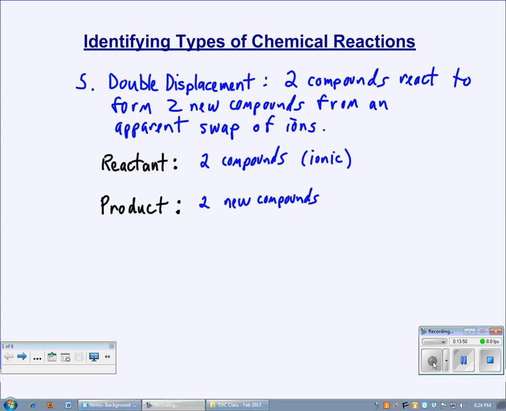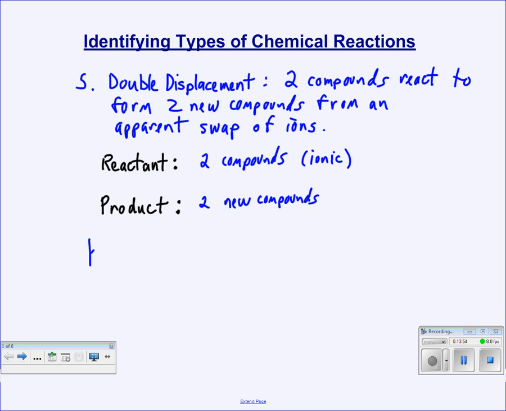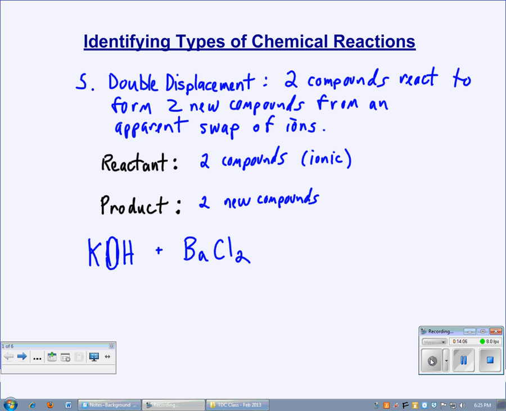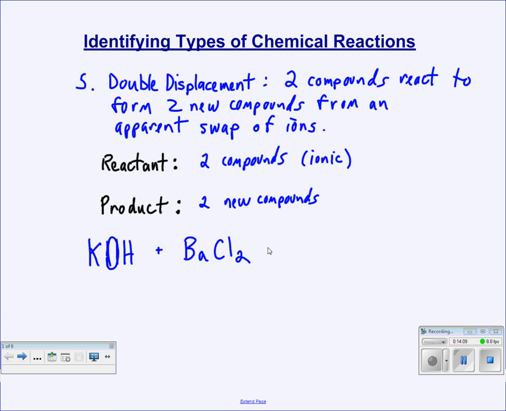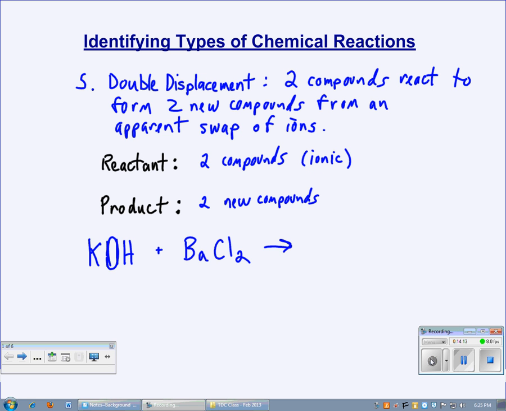Let's get right to our example. If we took potassium hydroxide plus barium chloride, we see we have 2 compounds, apparently ionic. And what they would do is they would look like they would swap ions.